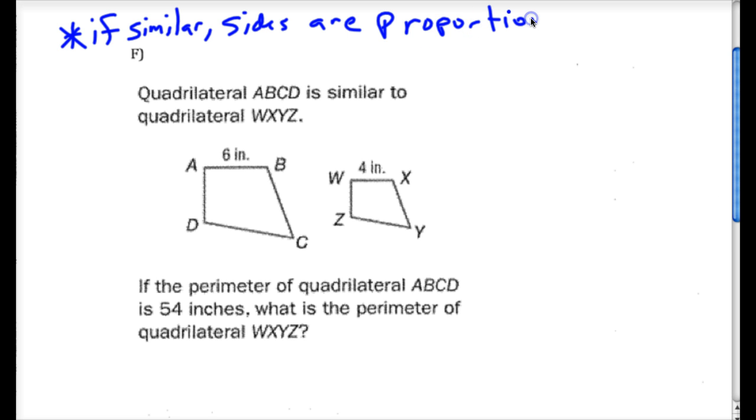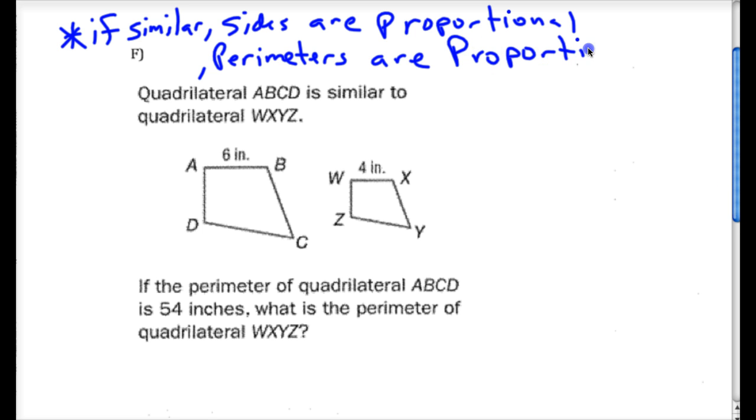Proportional. But also perimeters are. The perimeter of each one is also, guess what? Proportional. That only makes sense because if the sides are proportional, well then when you add up all the sides, their perimeter should be proportional. And that's what's going on in this one.